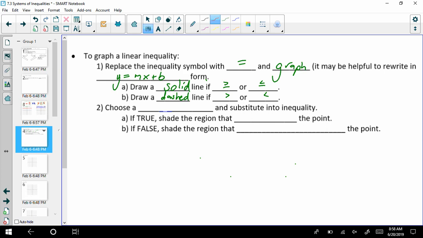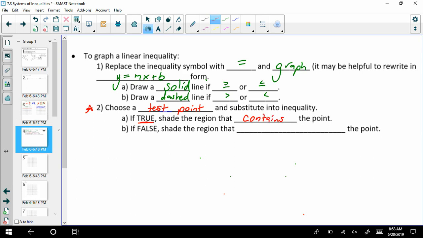And then sometimes this final thing is what people have the hardest time with: figuring out where the shading is going to be. Where are all my answers? What am I going to shade? You're going to choose what I call a test point, and we're going to substitute that into the inequality. When you substitute that test point in, if it comes out true, we are going to shade the region that contains that test point.